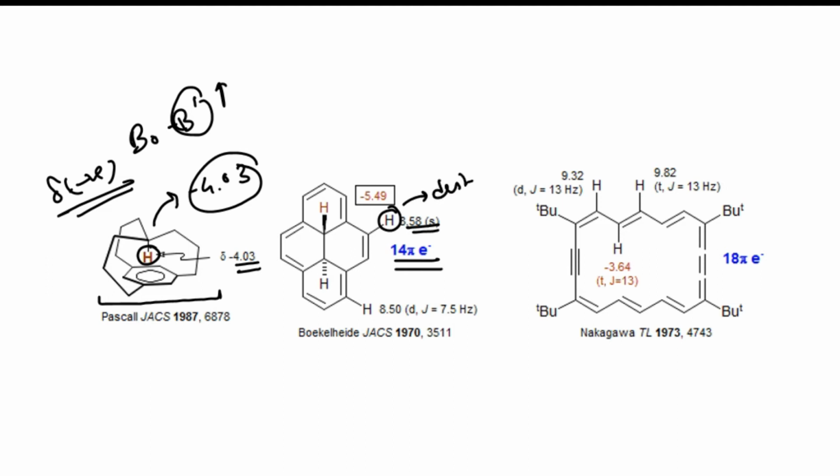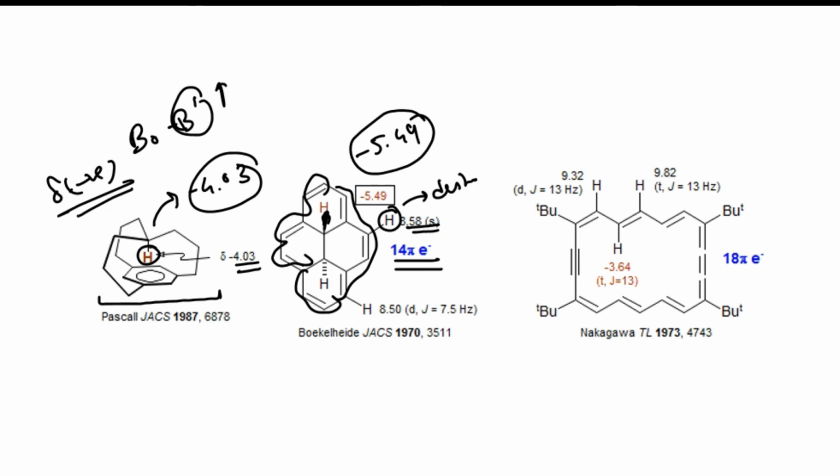But this hydrogen is above the plane of this conjugated pi electron system. You can see that there is conjugation along this periphery, so there is electron density around it. So this hydrogen resides in the shielded zone. That's why you can see that this value is around minus 5.49.